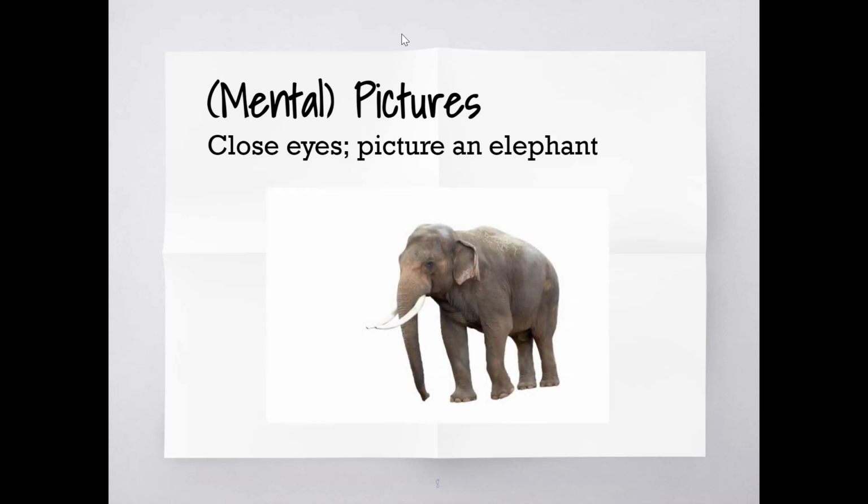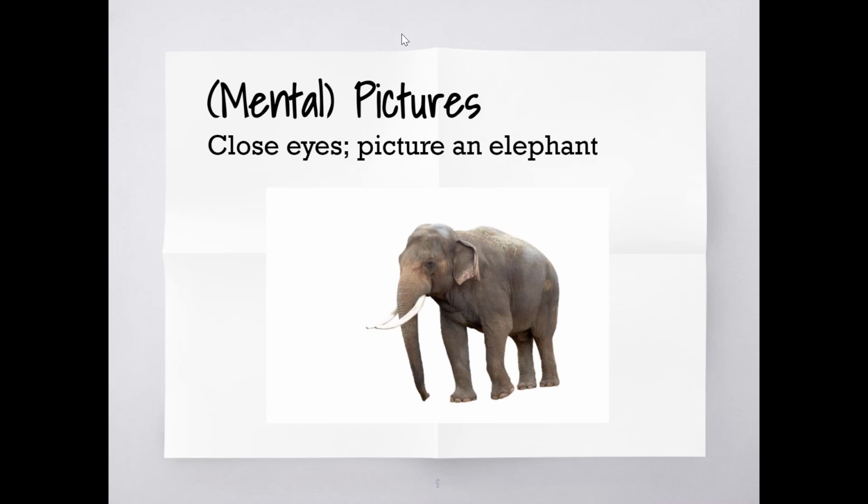Okay, probably something like this. You've seen an elephant before, maybe not in person, but maybe on television or in a book, in a textbook, something like that, right? You know what an elephant looks like. You guys just created a mental picture.